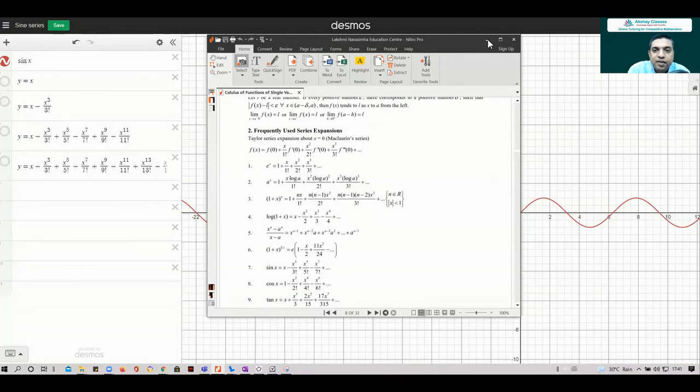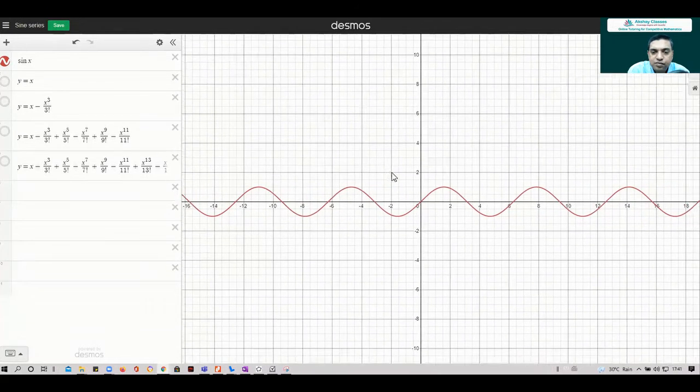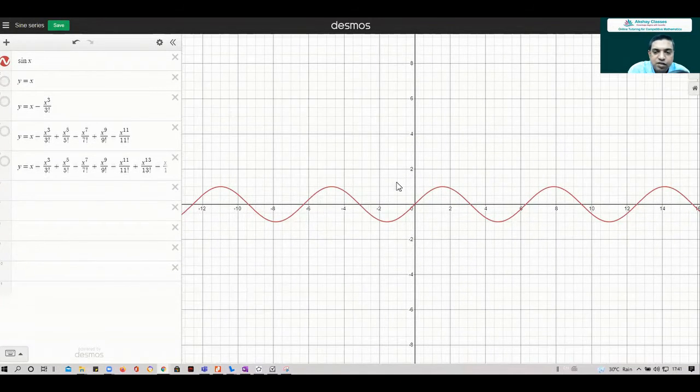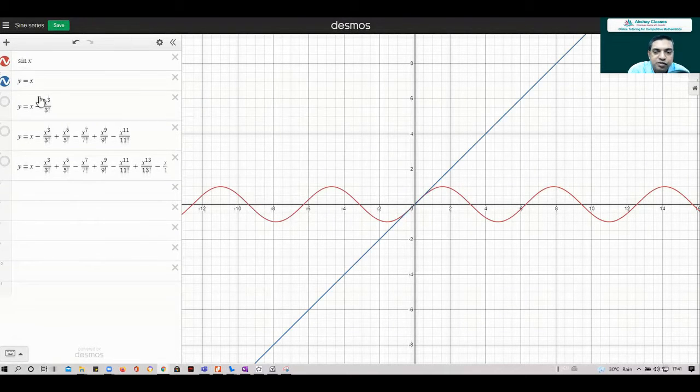Now observe here, if I use just one term of the Maclaurin series. What is the first term of Maclaurin series of sin x? x. So y equal to x I use.